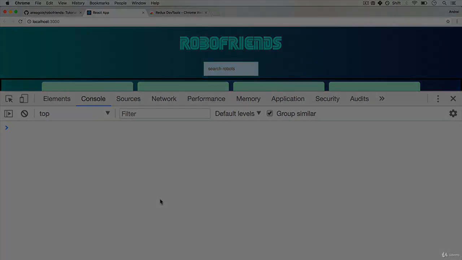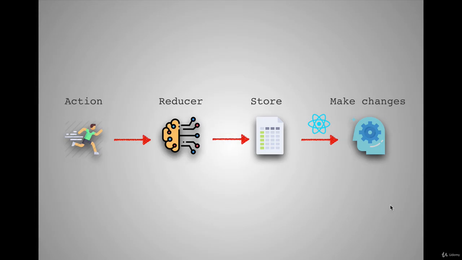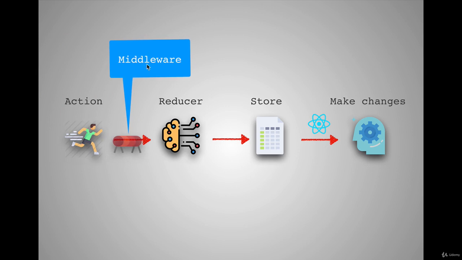You see, there's actually another part to this diagram that I showed you, and that's something called middleware. And don't get scared. It's quite simple and works similarly to how middleware in express.js works.